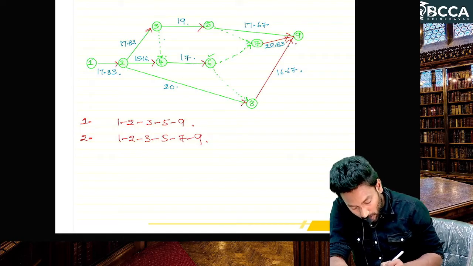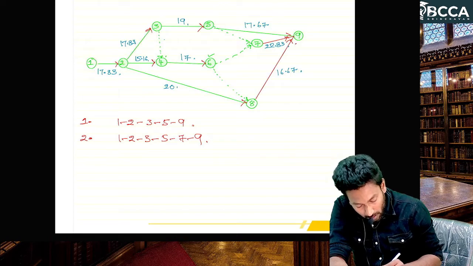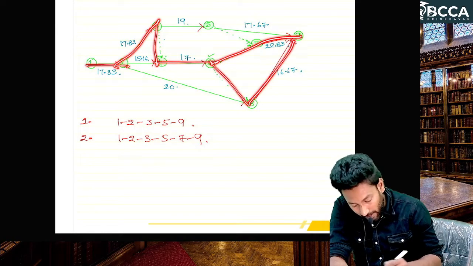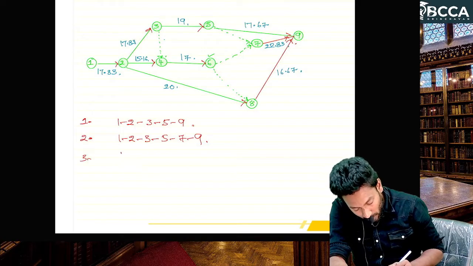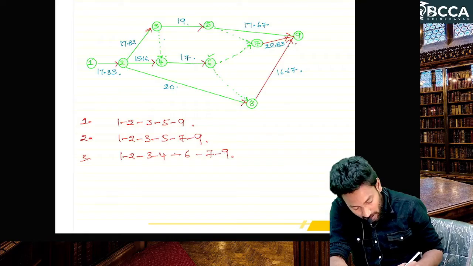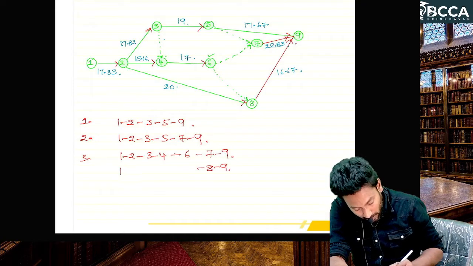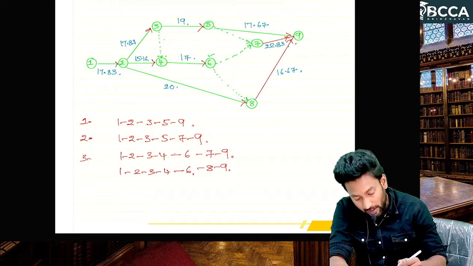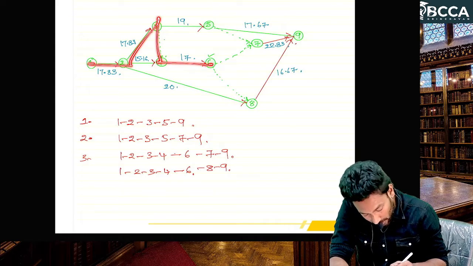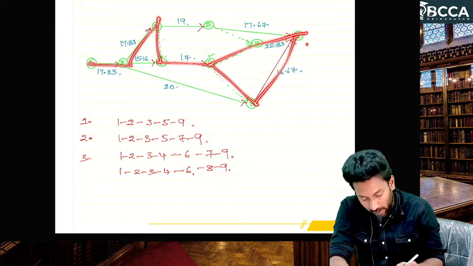Or else 1 2 3 7. Then 1 2 3 4 6 7 9, or else 8 9, both the ways.